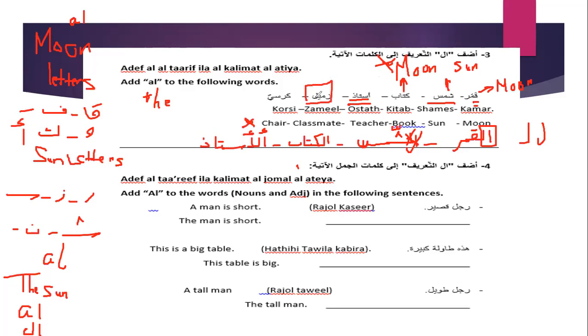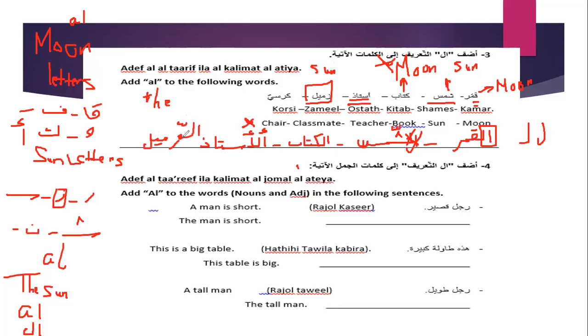Let's take Zamil, which is classmate. Za is a moon letter or a sun letter? It's a sun letter. Since it is a sun letter, I have to put shadda above it. Let me write it first. I put shadda above it since it's a sun letter and I add al.